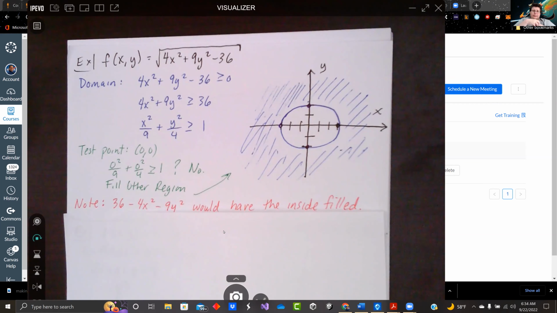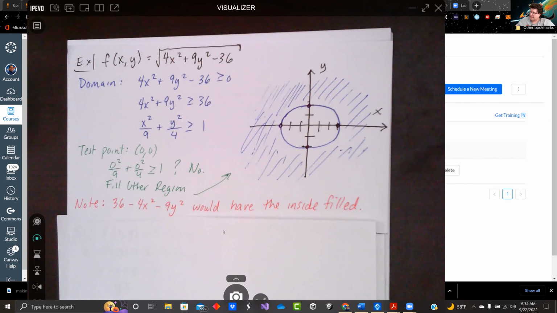And we'll see we get an ellipse: x squared over 9 plus y squared over 4 is greater than or equal to 1. The way I did it is I used a test point. 0, 0 is often the best test point because plugging in zeros is really easy. I don't need a calculator to figure out 0 plus 0 is greater than or equal to 1. That's false, so 0, 0 doesn't work, and it can't be inside the ellipse. So I shade outward.